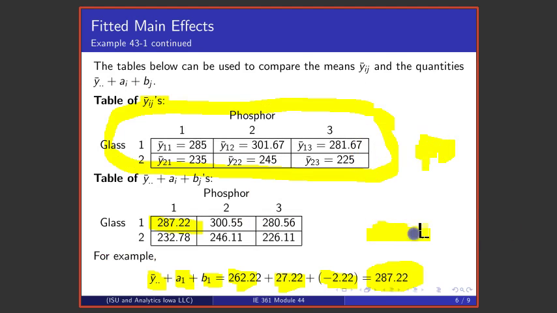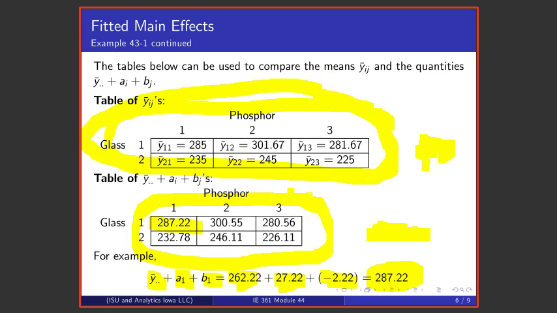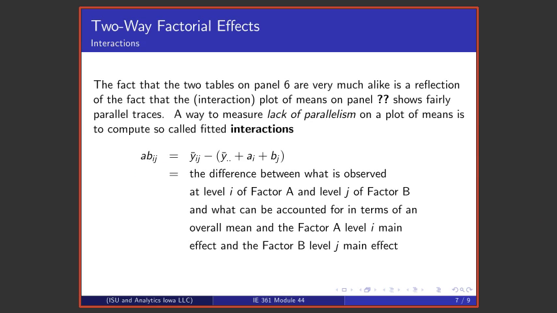That's quantified by this table looking like that table. Well, how can one then make some numbers that say that? What one might do is take the values in this table and a cell at a time subtract values in that table and say, well, those numbers are small, give them a name. In fact, we're going to call them fitted interactions.